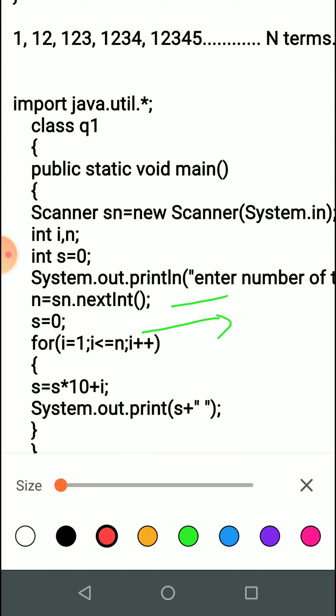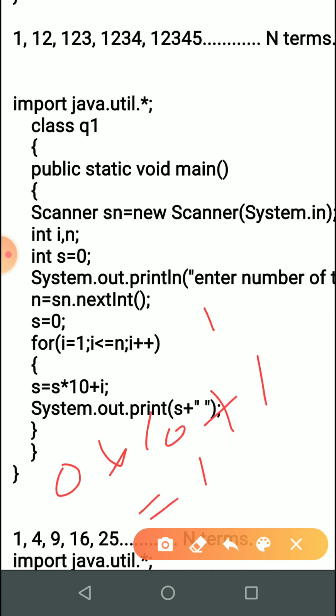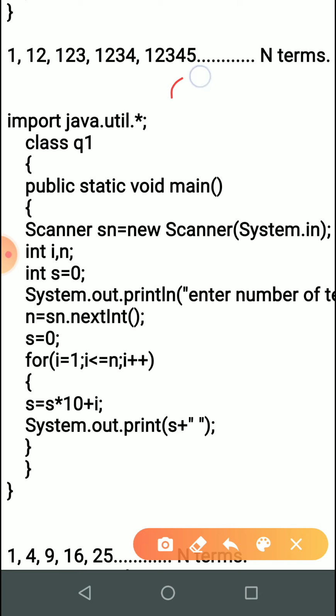Initially s is 0. So when I is 1, 0 into 10 plus 1 will be 1 only. It will display 1. Then I will become 2.